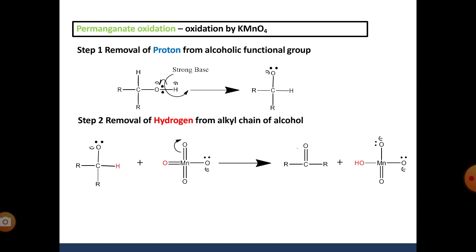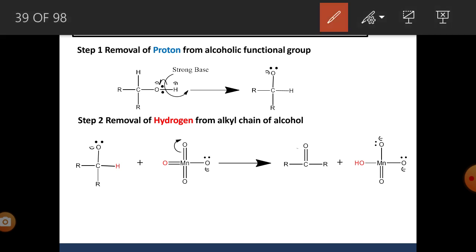Now the third method is oxidation with the help of KMnO4. Again we have to use a secondary alcohol. We use a strong base which abstracts this hydrogen as a proton, and this oxygen becomes electron rich.